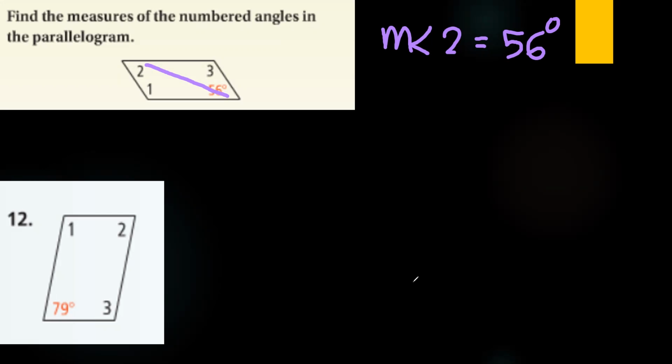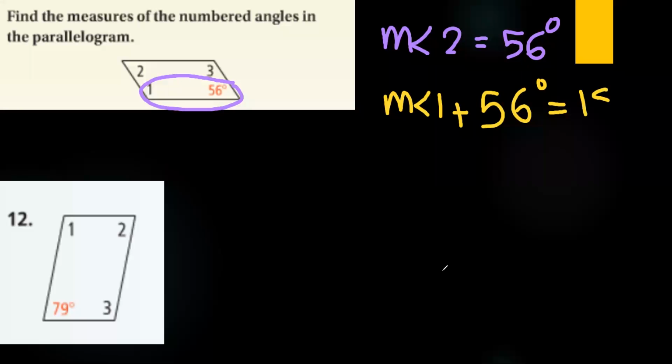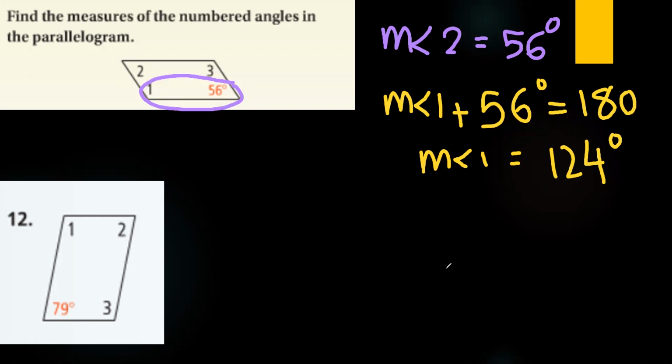Then, what did I tell you about each two consecutive angles? What is their summation? 180. Bravo. So it means the measure of angle 1 plus 56 degrees is 180. So the measure of angle 1 will be 180 minus 56, which is 124.